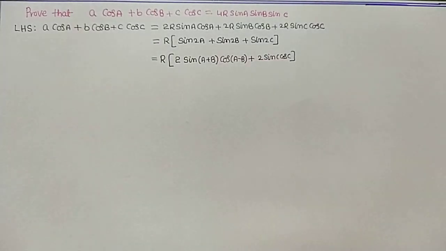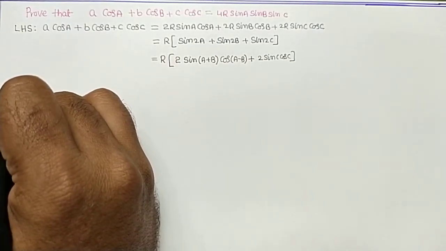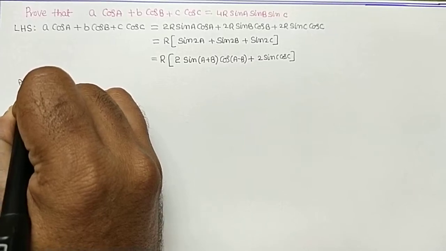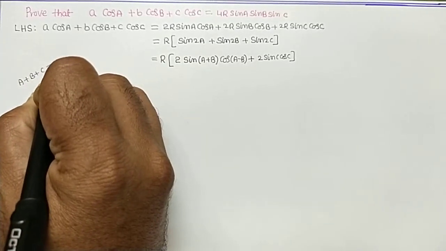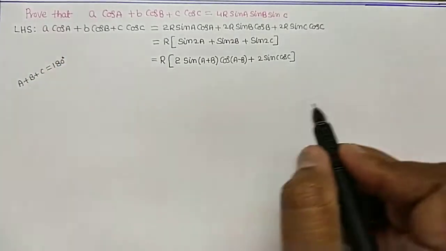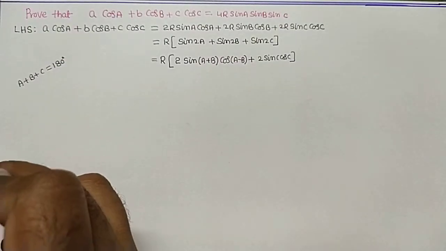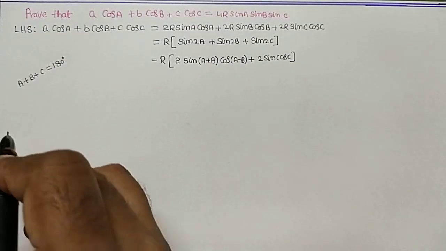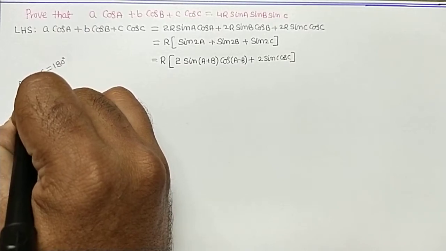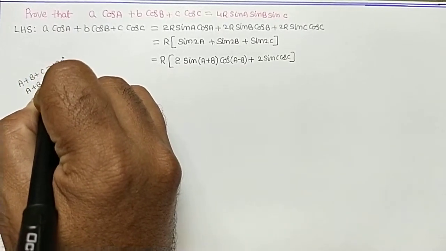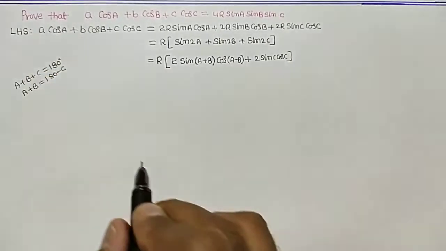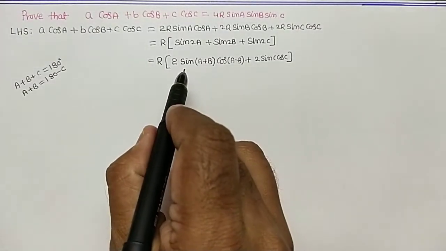So after that, in triangle ABC, we have A plus B plus C equal to 180. Generally we cannot write this here, but according to the place I am writing it here, you can understand that. So A plus B equal to 180 minus C. Taking sine on both sides, why? Here a sine term is there.